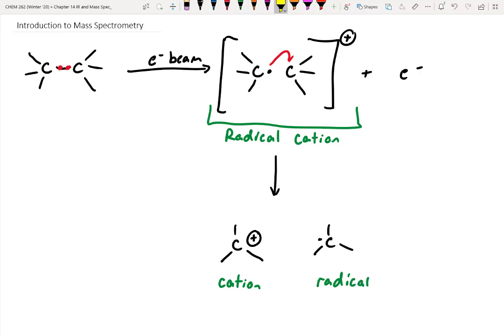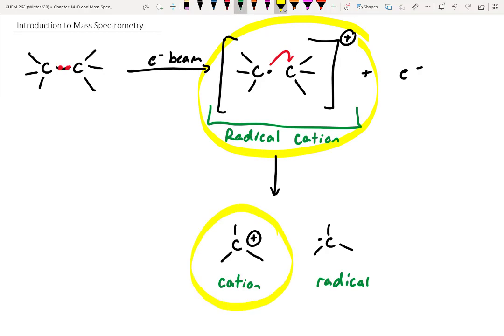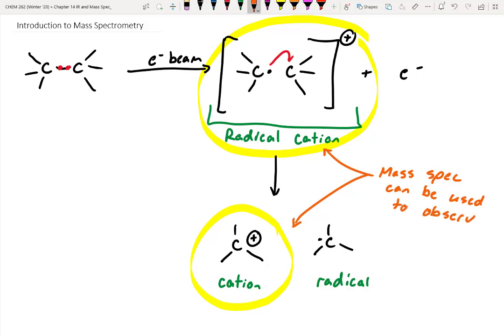So the important thing to remember is that mass spec can only see things with charges. So it can be used to observe molecules or fragments with charge.